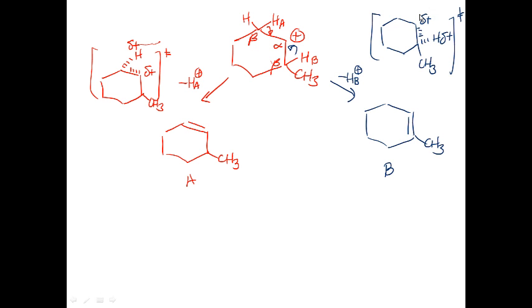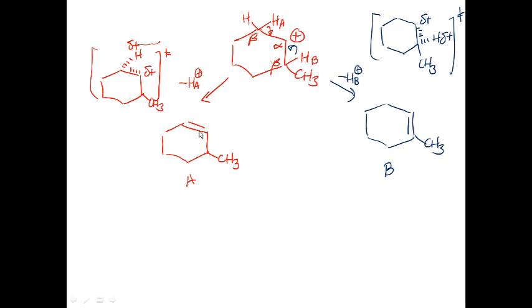So which one's the major product, A or B? When we first start looking at cyclohexane rings, they kind of freak people out because people are like, well, I can't count how many alkyl groups, or how many hydrogens are attached to the double bond. So let's do this one by hand.